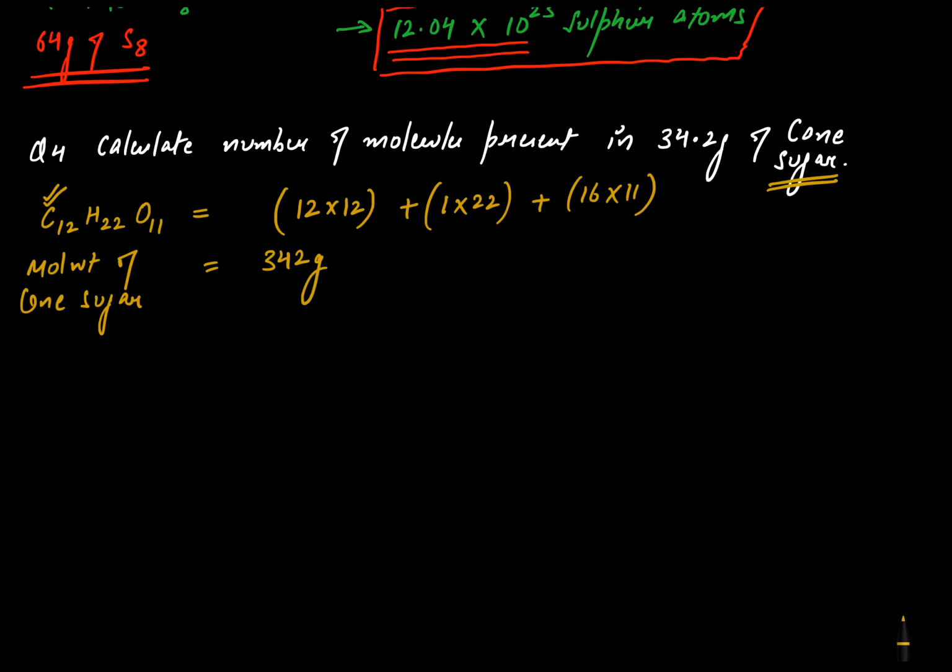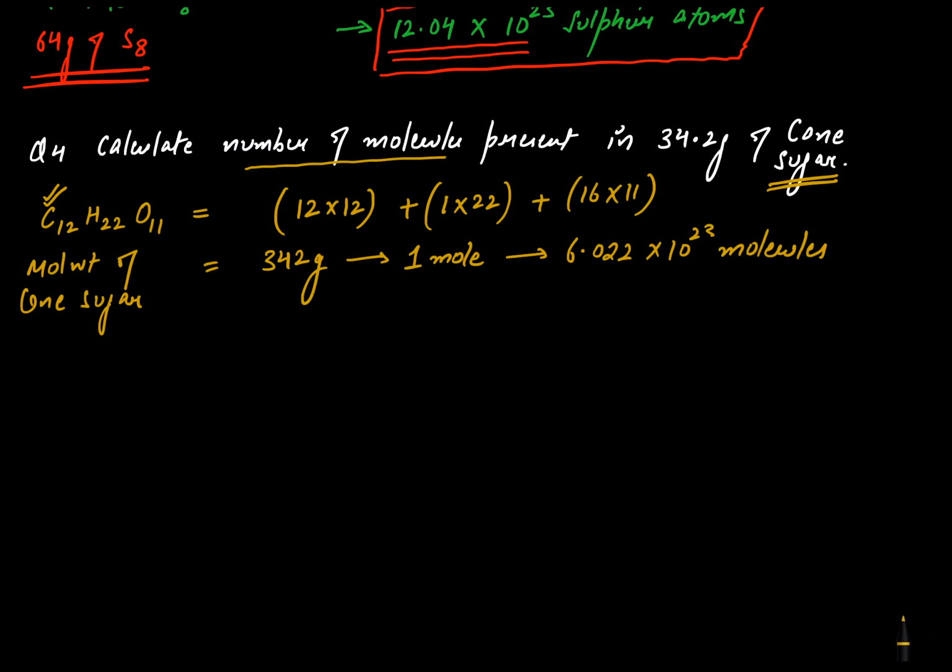Now, the question is I have to evaluate the number of molecules. So 342 gram, what's this thing? It's 1 mole, because molecular weight is always 1 mole, and 1 mole has 6.022 into 10 raised to the power 23 molecules.